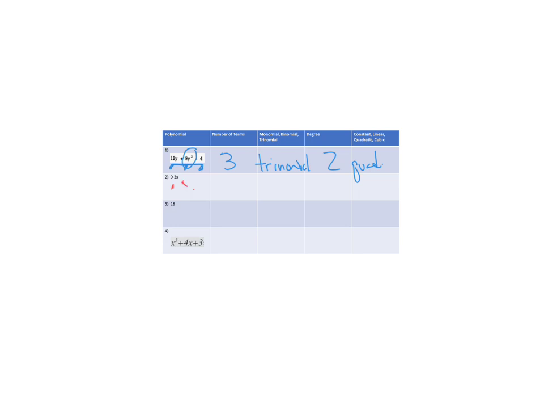So that means we have 2 terms. Is it a monomial, binomial, or trinomial? So we're going to say that's a binomial. Prefix bi means 2. Then the highest degree. The only one that even has an exponent is that 3x. Well, you don't see an exponent, but if it has a variable without an exponent, that means there's an exponent of 1. So your degree would just be 1, and that's linear.